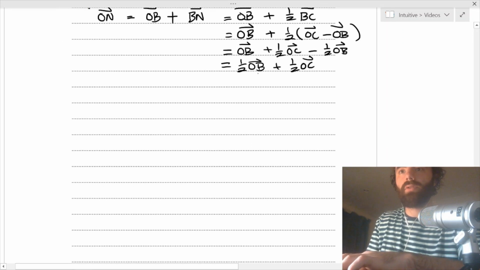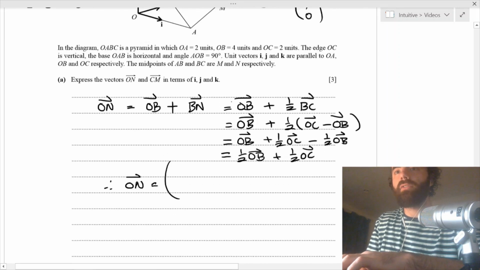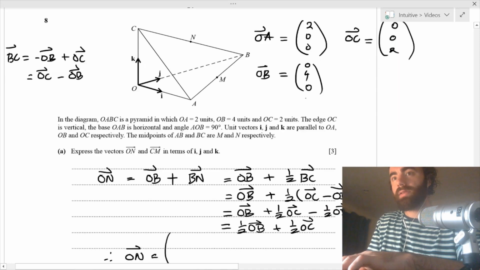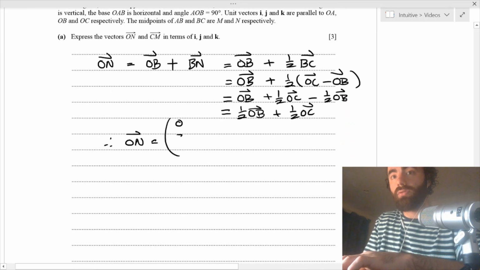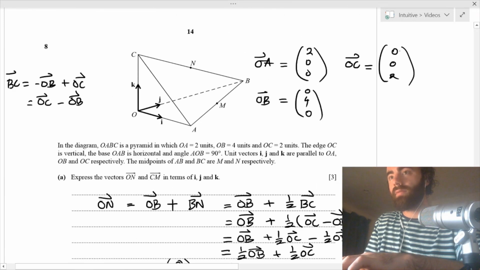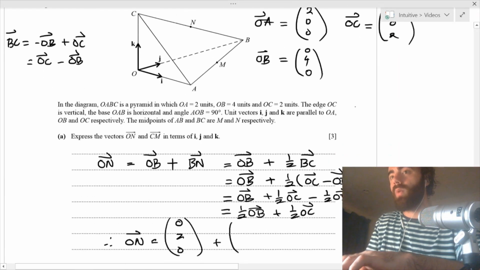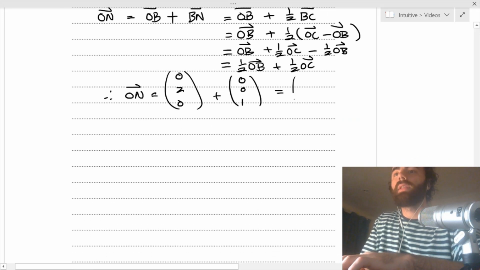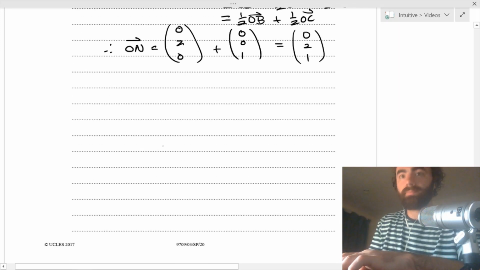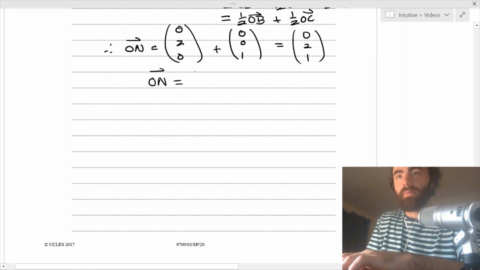So ON equals a half of OB, which is 0, 2, 0, plus half of OC, which would be 0, 0, 1 instead of 0, 0, 2. So this equals 0, 2, 1. Sorry, I just tripped up a little bit.